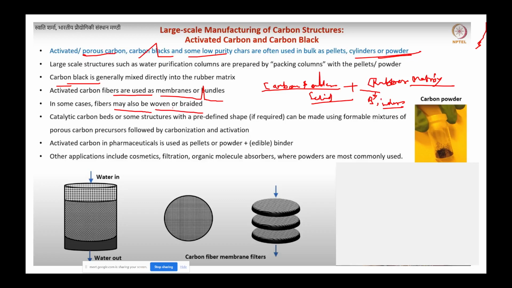So, catalytic carbon beds or some structure with predefined shape can be made using formable mixtures of porous carbon precursors followed by carbonization and activation. Okay.